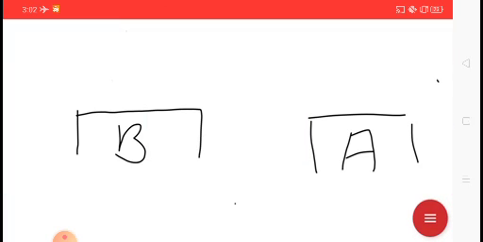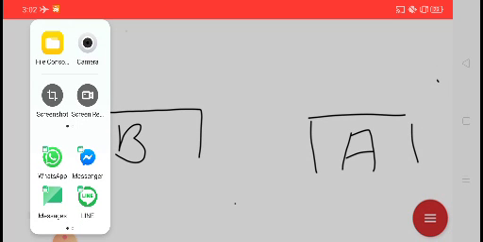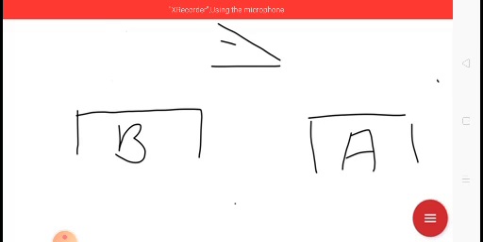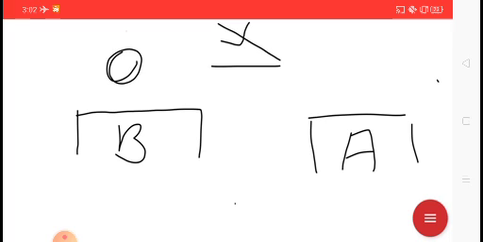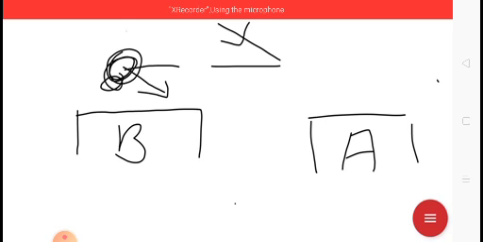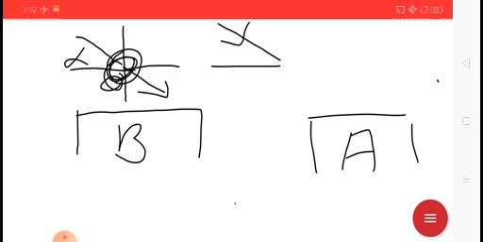Now the item comes in at an angle, with the angle alpha.